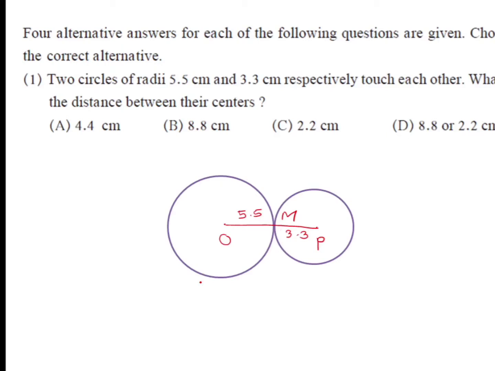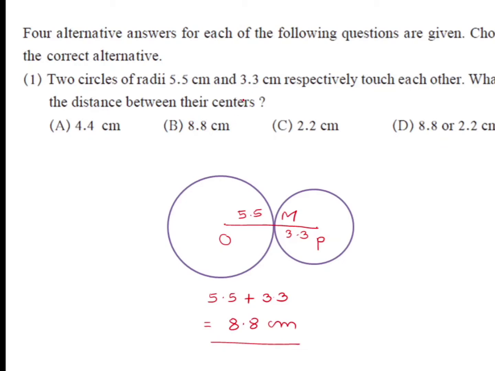To find the distance between these two, we have to add them, that is 5.5 plus 3.3, so as to get the distance 8.8 centimeter. So this is the distance between the centers of these two circles.